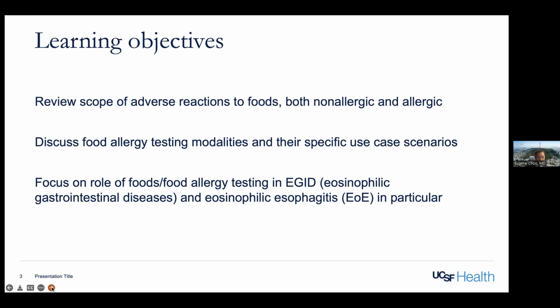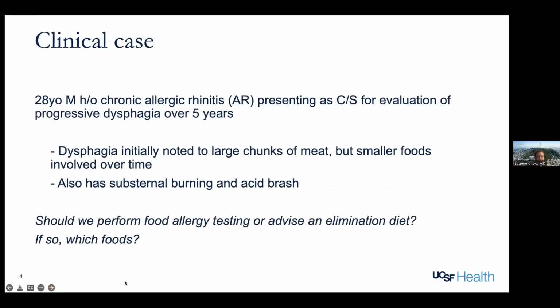So going ahead and getting started with a clinical case here. First we have a 28-year-old gentleman, with a history significant only for chronic allergic rhinitis, who comes in as a consult for evaluation of progressive dysphagia over the past 5 years. He said that at first this dysphagia was only to large chunks of meat, but over time this has progressed and now smaller foods are becoming problematic as well.